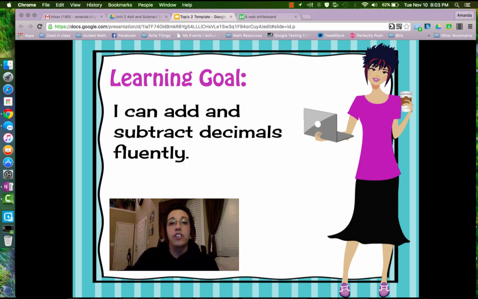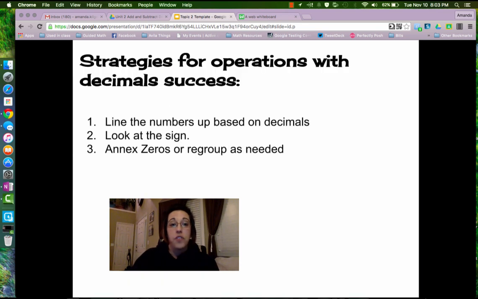So our strategies for success are just like normal with adding and subtracting decimals. First, you have to line up the numbers based on the decimals. Second, look at the sign. A few of you are making errors, and I can tell that your error is that you did not look at the sign.